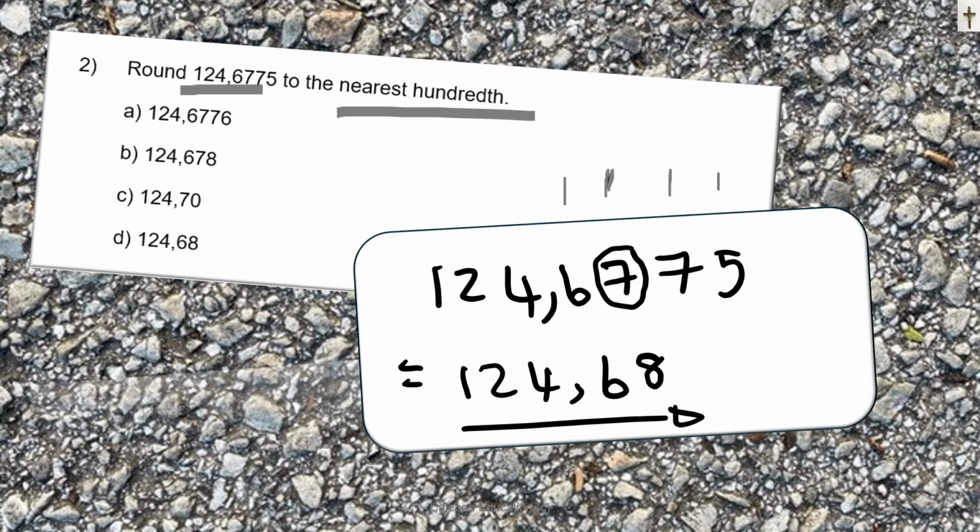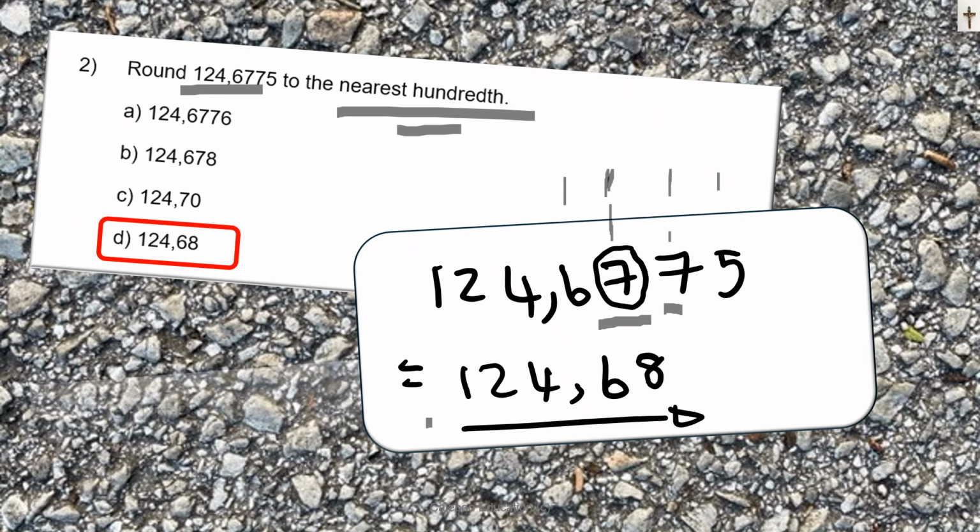They want you to round off to the hundredth, which is that first 7, and if we look to the number to the right, it's a 7. So the 7 that we are rounding off to the hundredth will become an 8, because 7 is 5 or bigger. So there's our answer, 124.68, and the answer is D.